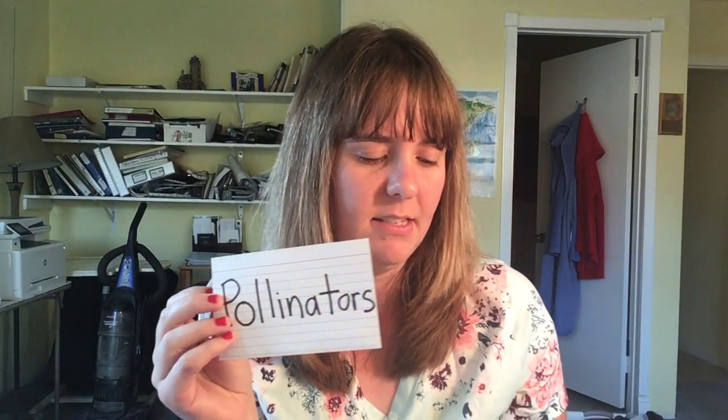They might say butterflies and bees, which are fine, but it's mainly about animals, not just the insects. You could also say pollinators and pollination in Spanish, to help the students see the similarities between the Spanish and English words.